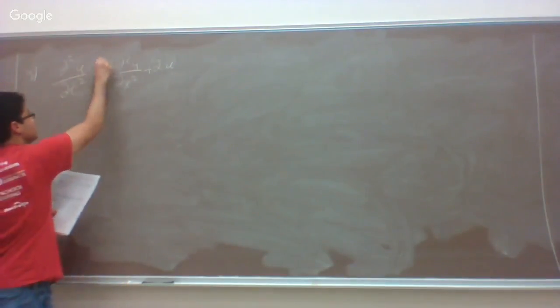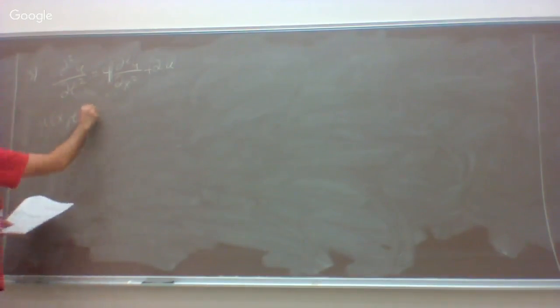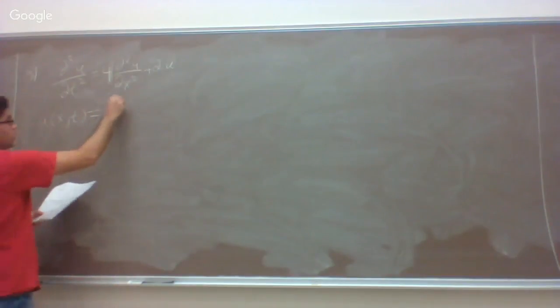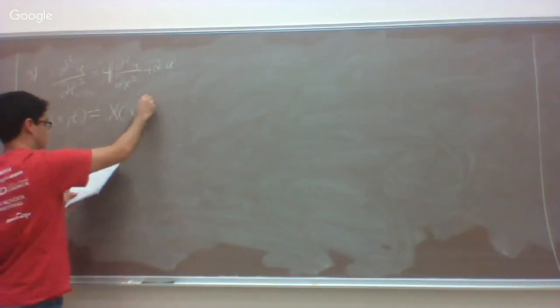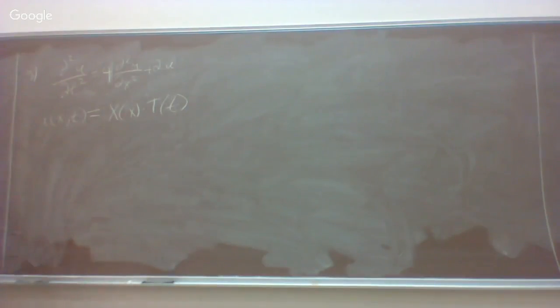So I have to find the two ordinary equations with this. U is a function of x and t, and since it is a function of two variables, I have X of x, T of t. Each of those are independent variables.